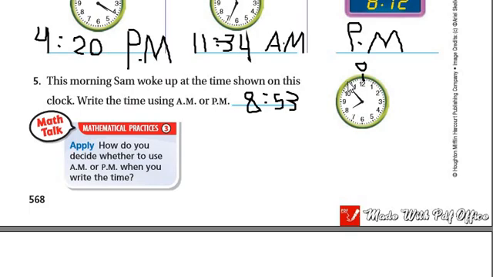This is 5, and 6, 7. You can say 7 minutes before the next hour, which is 9. So we can say 7 minutes before 9. Right. Is it AM or PM?